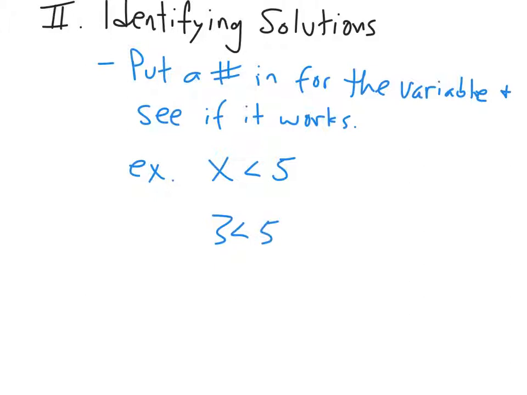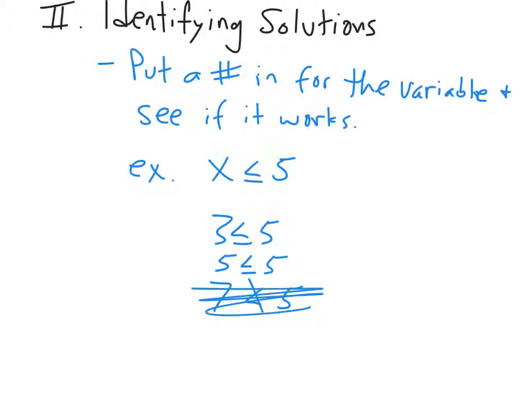Would 7 be a solution? No, because you couldn't say 7 is less than 5. That wouldn't work. It's not less than 5. Work for you? If this had been x is less than or equal to 5, would it be fair to say 5 is less than or equal to 5? Yep, because it's the or equal to part.